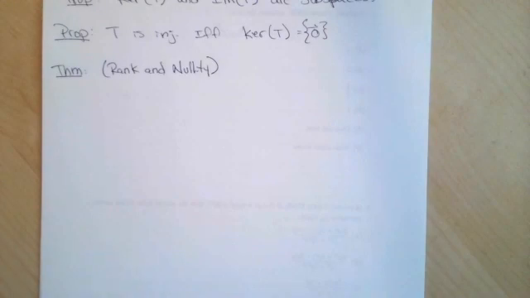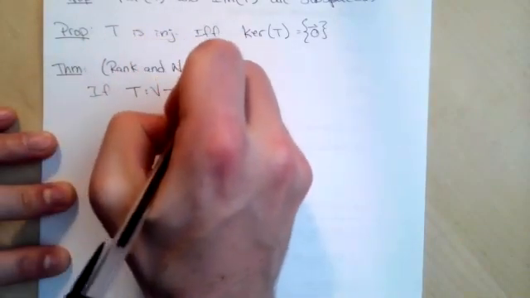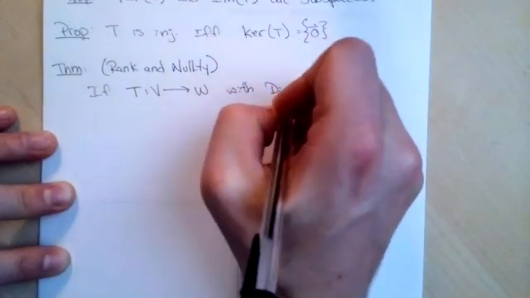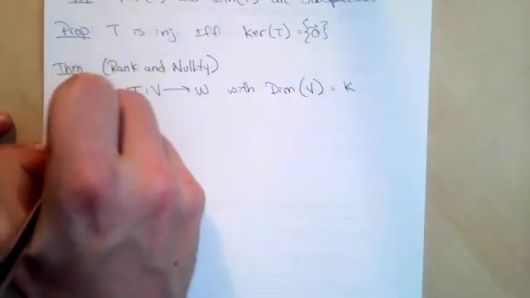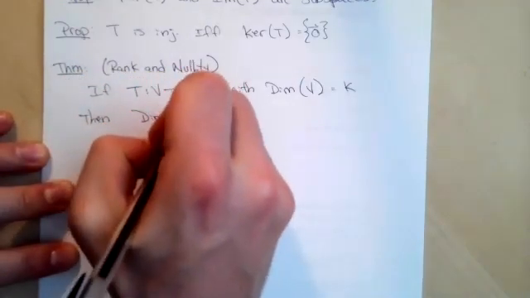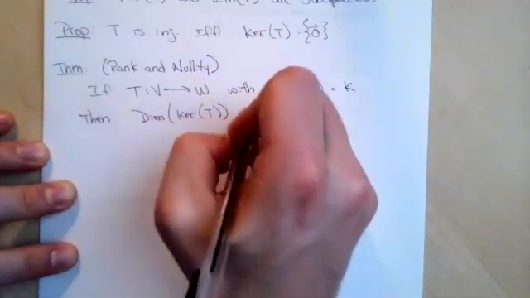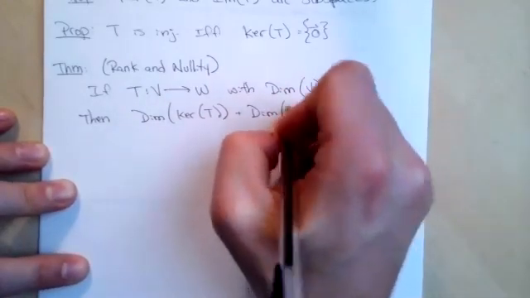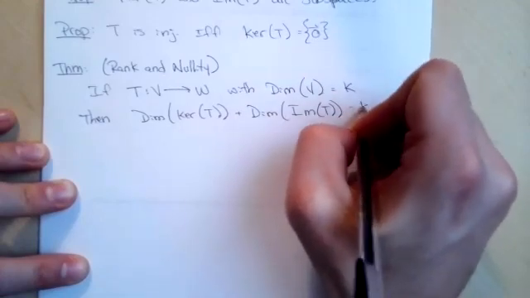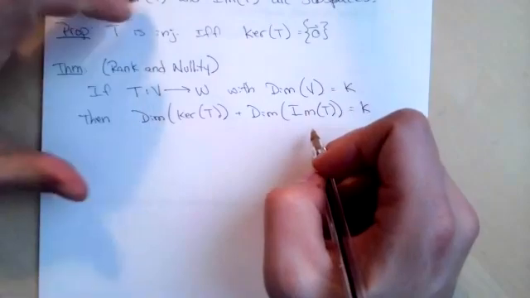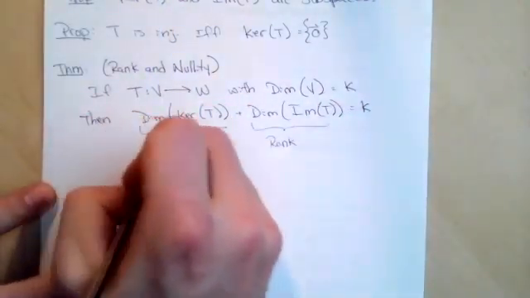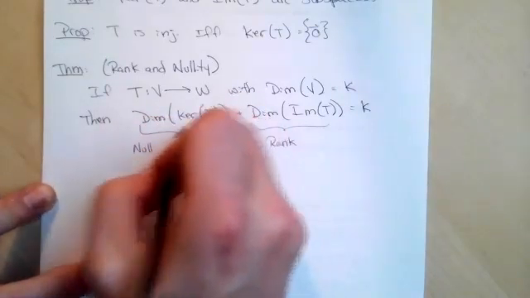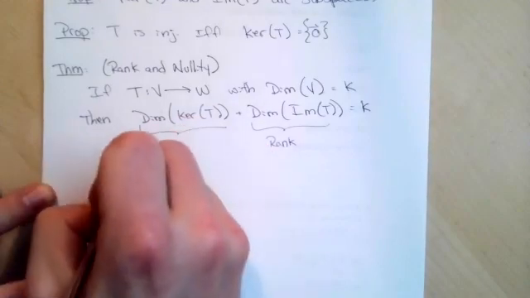This is the rank and nullity theorem, namely that if T is a linear transformation between two vector spaces with the dimension of your domain being, let's say, K, then the dimension of the kernel of T plus the dimension of the image of T has to equal K. So you can think of this as the rank. And we didn't define this, but the kernel can be called the null space or the nullity.